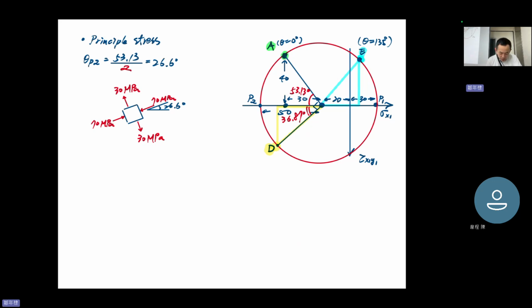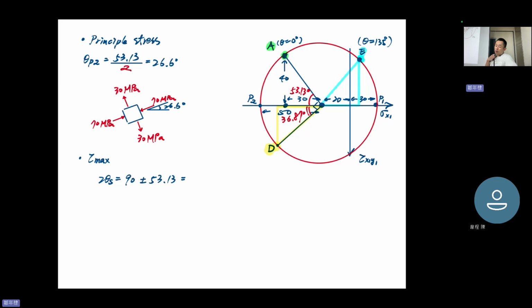How about tau max? Tau max again, very easy. 2 theta s equal to 90 plus or minus 53.13, right?